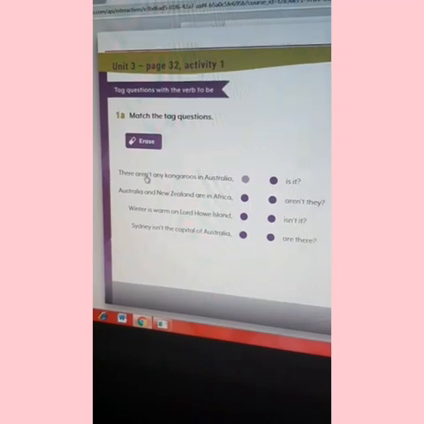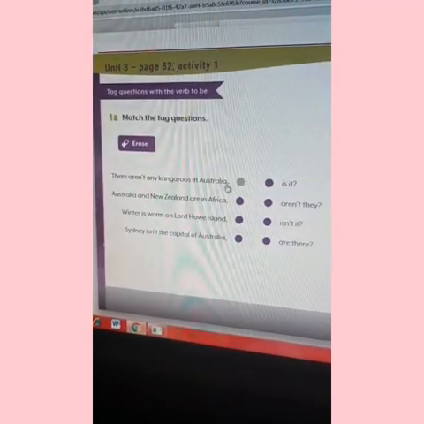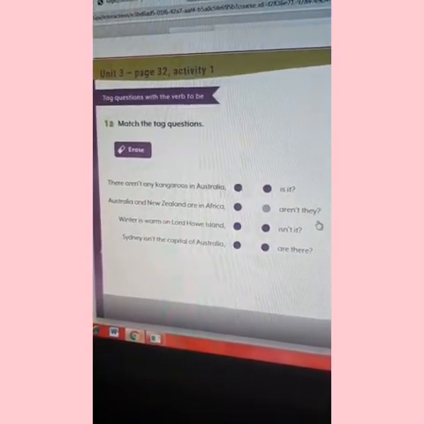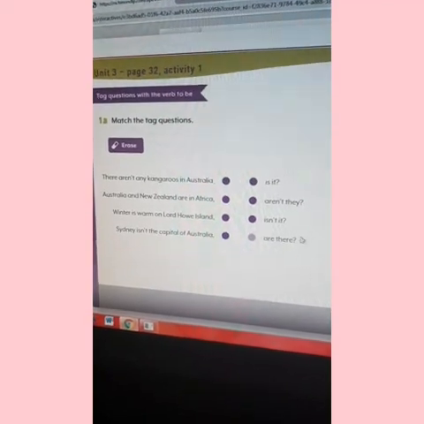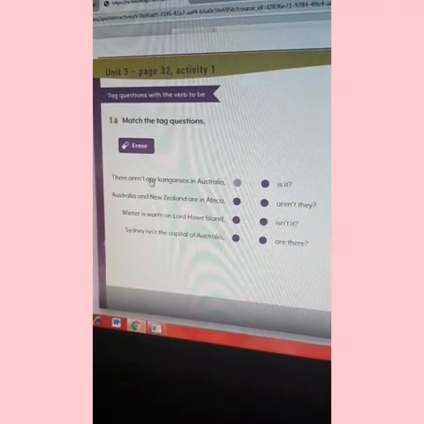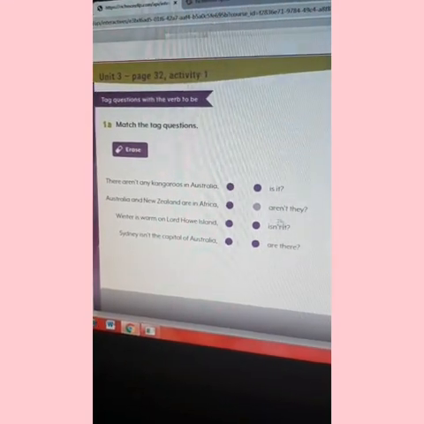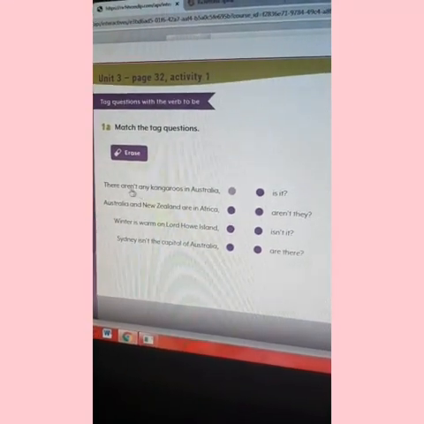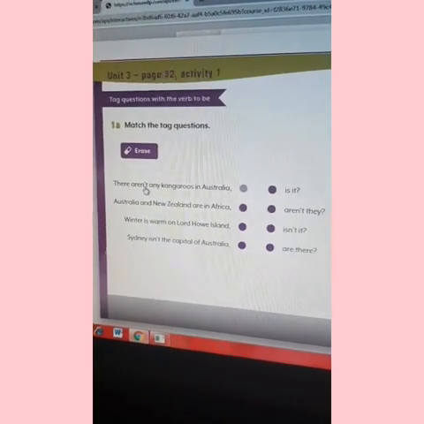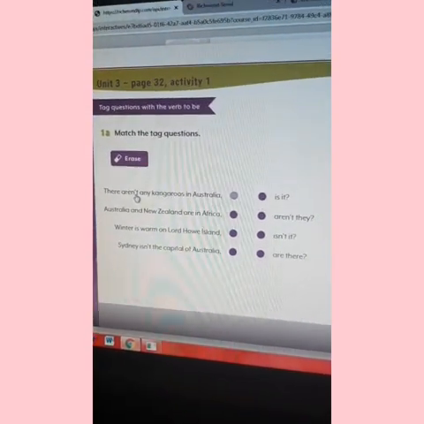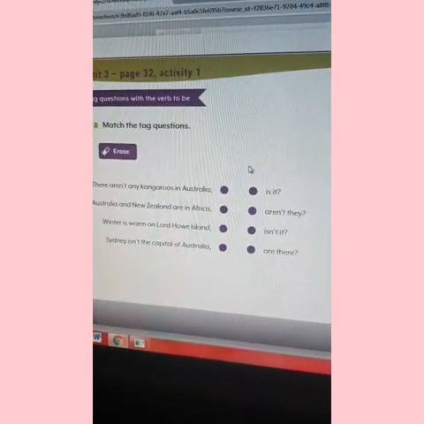That means that you are gonna identify a negative. In this case, it's a negative sentence. You are gonna identify the correct tag equation related with this. If we have in here a negative statement, the tag equation will be in positive.